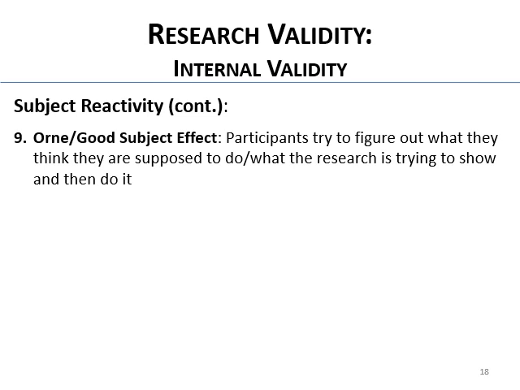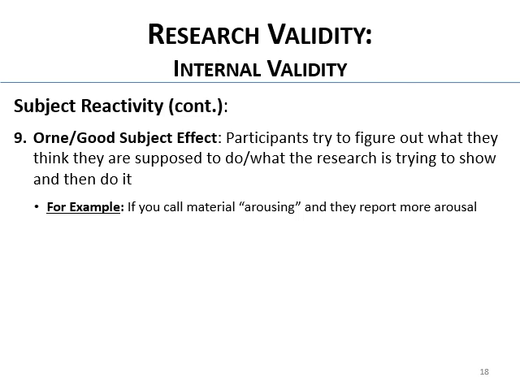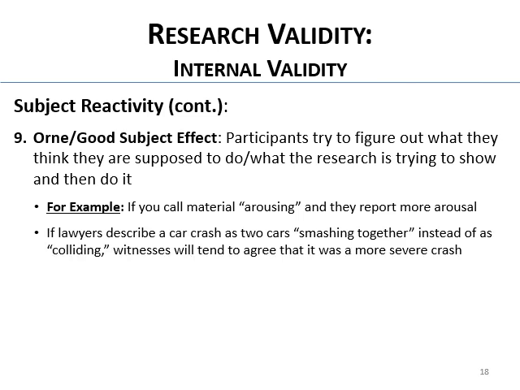They're trying to be good subjects, and they figure out your hypothesis or what they think your hypothesis is, and they respond in ways that are consistent with what they think you want them to say or do. So, for example, if you present material to them and you call it arousing, not so shockingly, you'll get some portion of people who will report more arousal regardless of whether the material actually is or not. They're trying to be good subjects and trying to help you with your research.